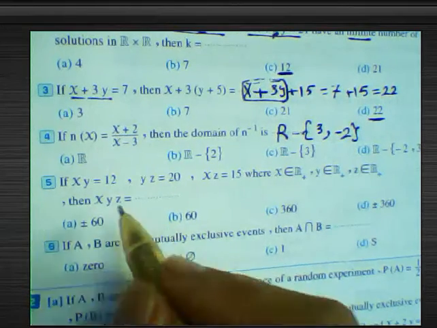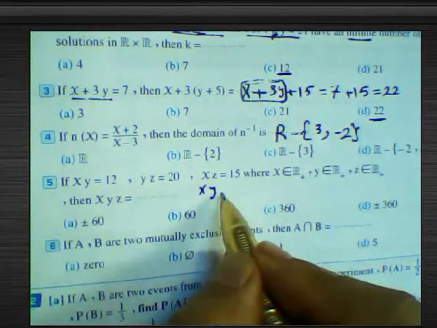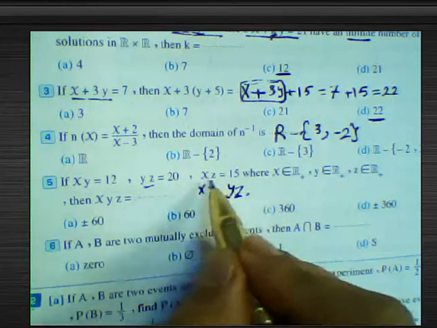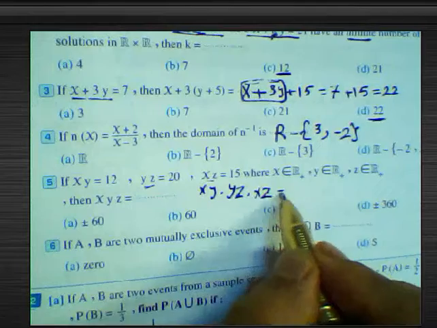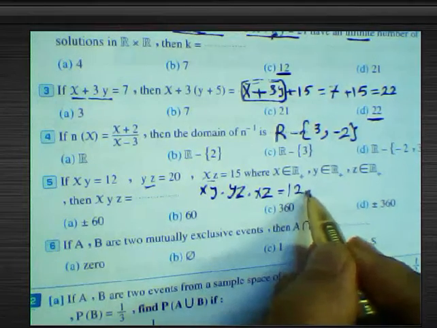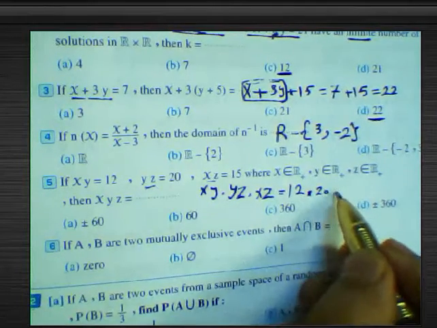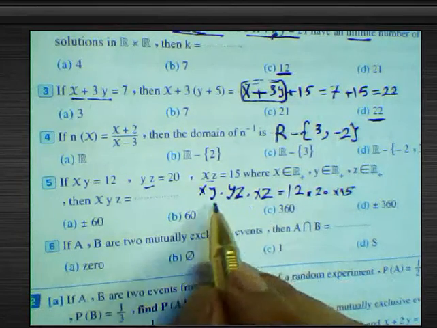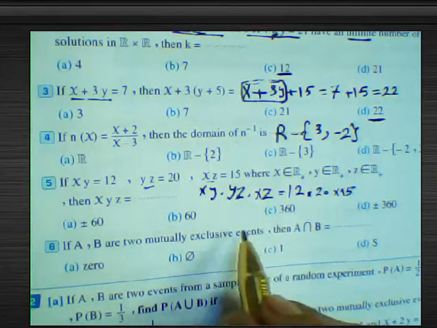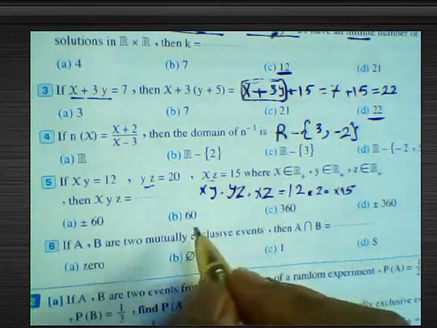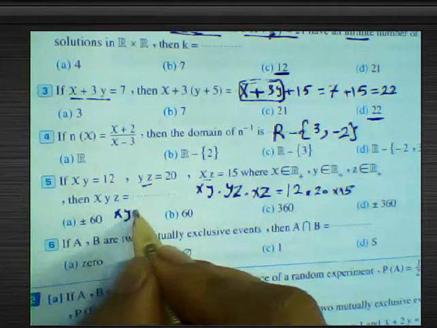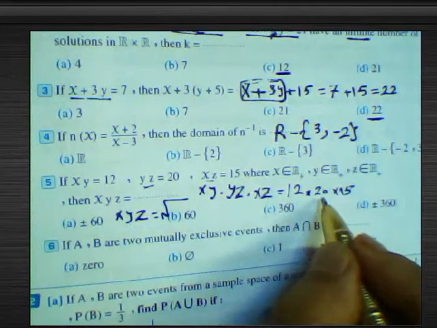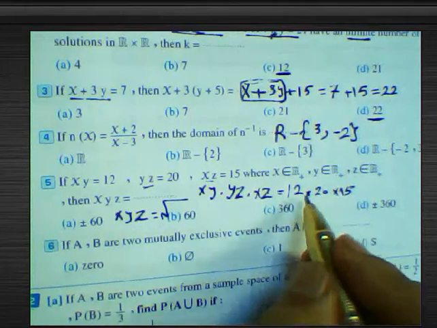We know x times y times y times z times x times z equals 12 times 20 times 15. We know x times x equals x squared, y times y equals y squared, and z times z equals z squared. Then we can write xyz equals the square root of 12 times 20 times 15.